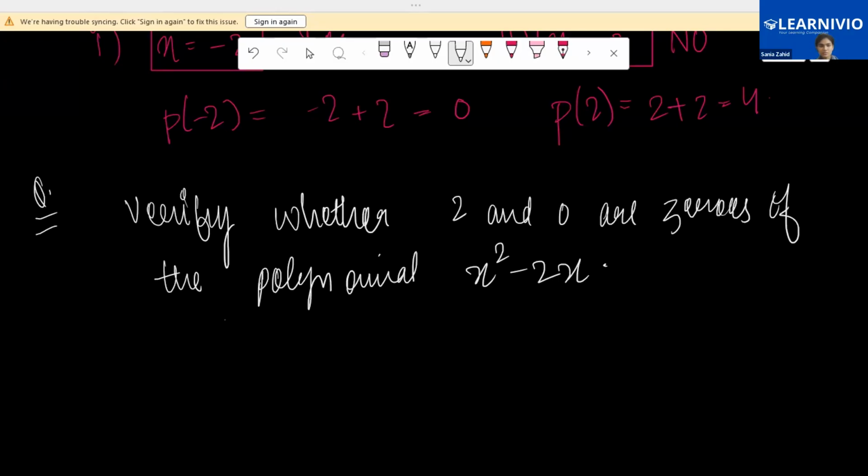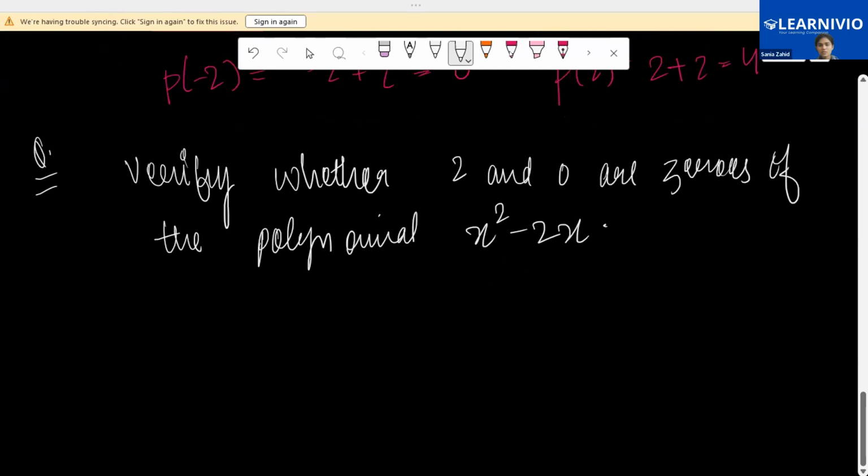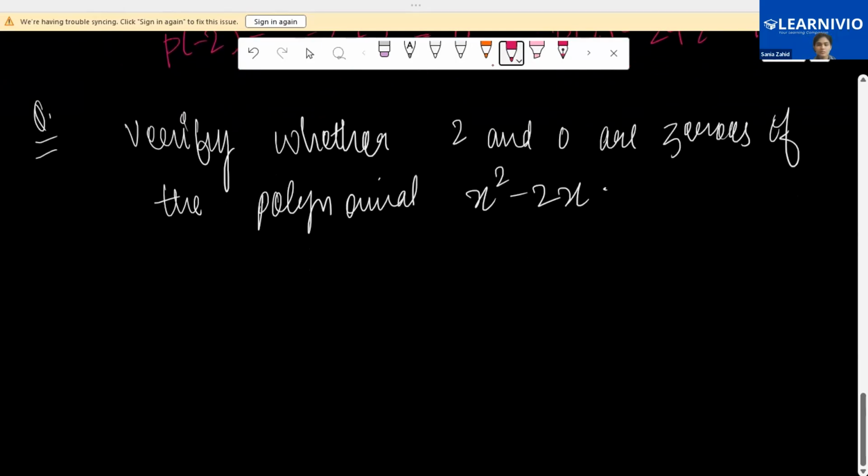You're done? I'm confused. Okay, tell me Hafsa. I can't understand this one. Okay. So here you have to verify whether 2 and 0 are the zeros of this polynomial or not.